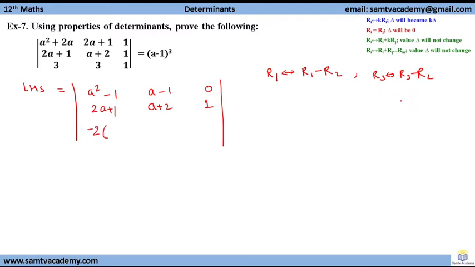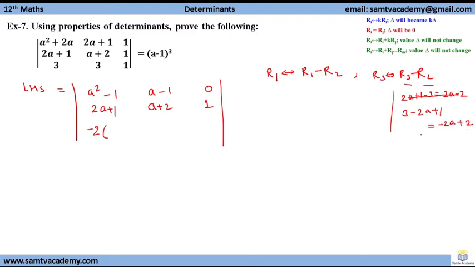I will write here for your ease: 2a plus 1 minus 3 would be 2a minus 2. But, sorry, not like this, you are subtracting R3 with R2, so 3 minus 2a plus 1, so you are getting minus 2a plus 2.